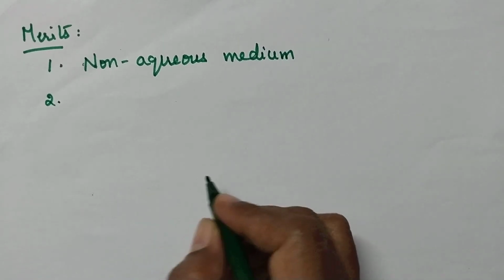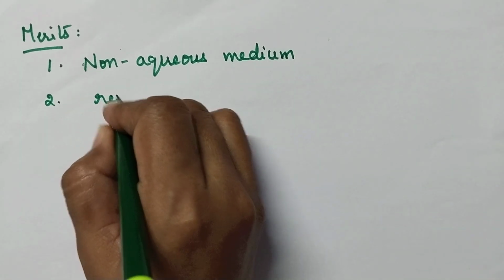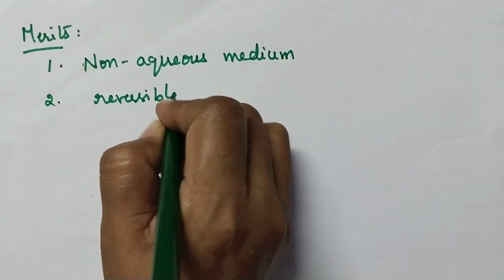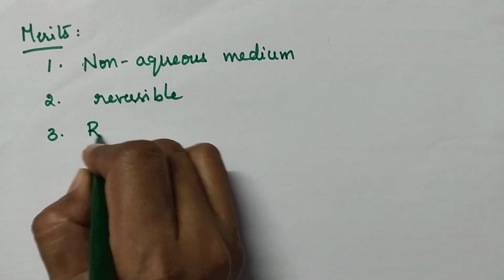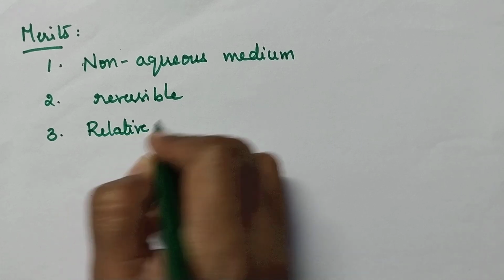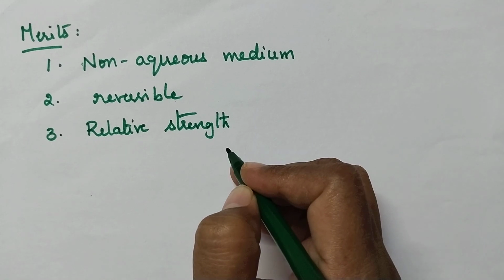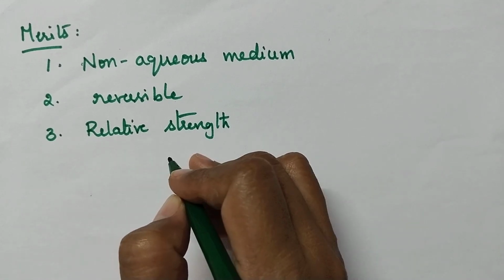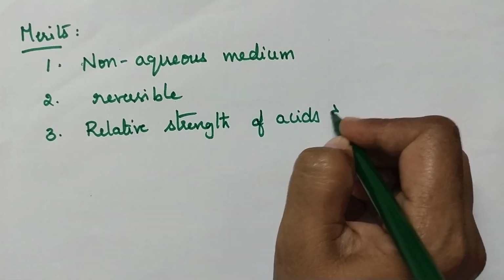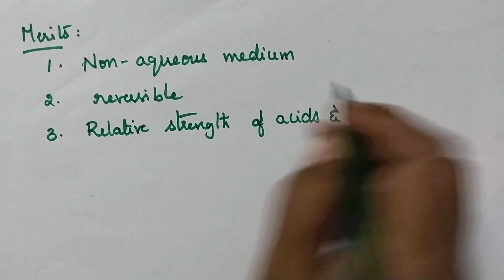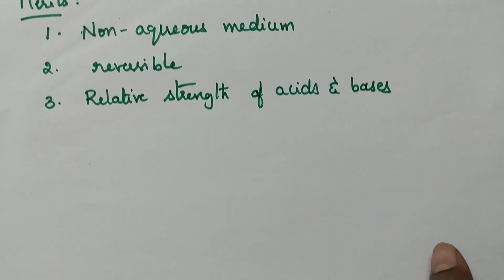And according to Bronsted theory, all the acid-base reactions are reversible. At the same time, it explains the relative strength of acids and bases. So, the important aspect of Bronsted theory is it explains the relative strength of acids and bases. These are the few advantages of Bronsted theory.